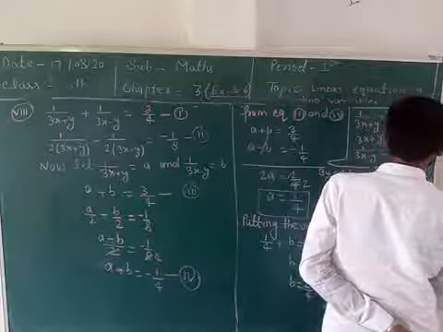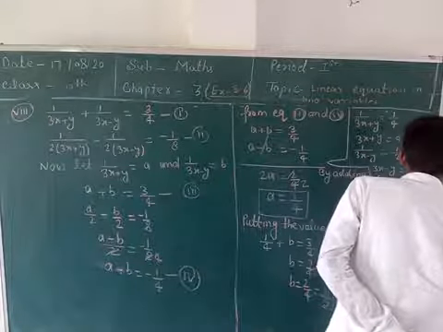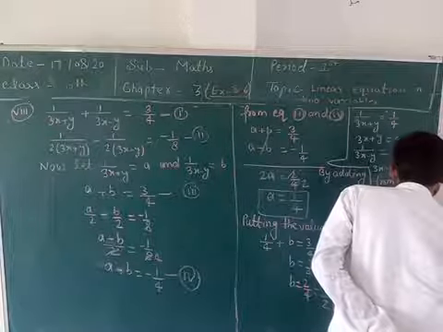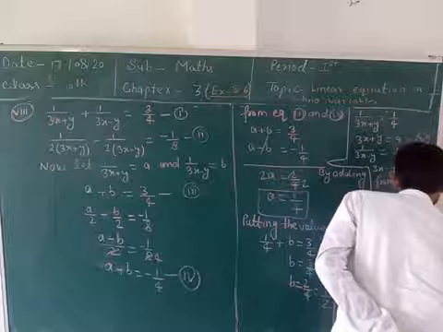Then by adding, 6x equal to 6, then x equal to 6/6, then x equal to 1.